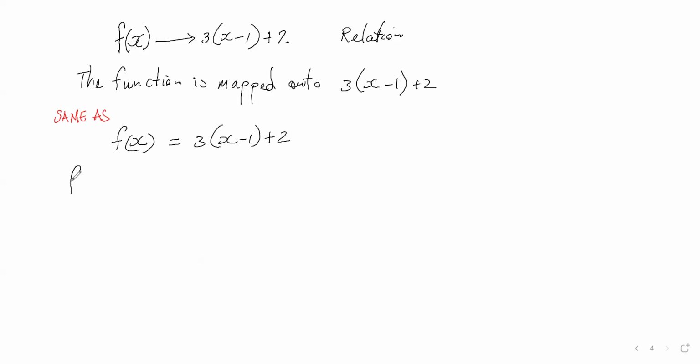So this is how we write it, Matthias, Tyrese, Kylon, Ezekiel. f of x is equal to 3 into x minus 1 plus 2.